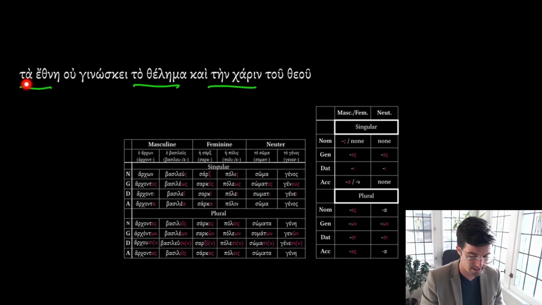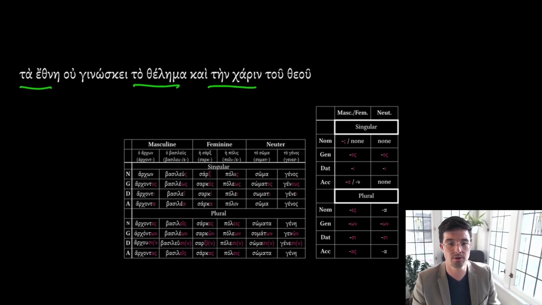We know that this ta is going to be either nominative or accusative neuter plural. And we look over to our paradigm here, and we find this matching up with the a. So gene and ethne. This ethne follows this paradigm here.